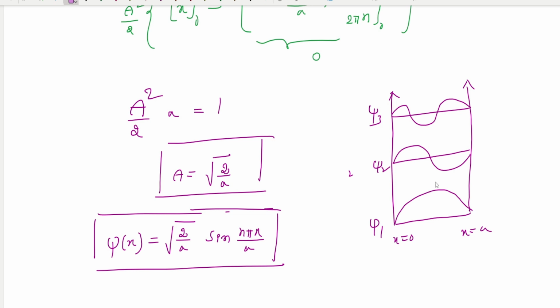And the wave function psi 3 has 4 nodes. One is x equal to 0, then x equal to a divided by 3, x equal to 2a divided by 3. So I'm going to write this equation like this.